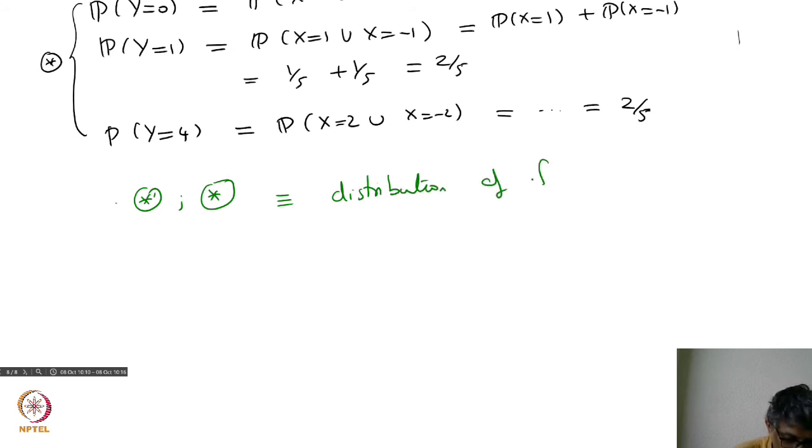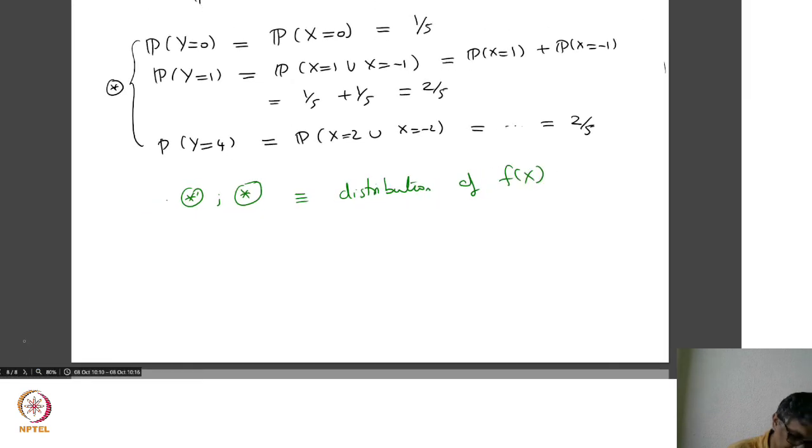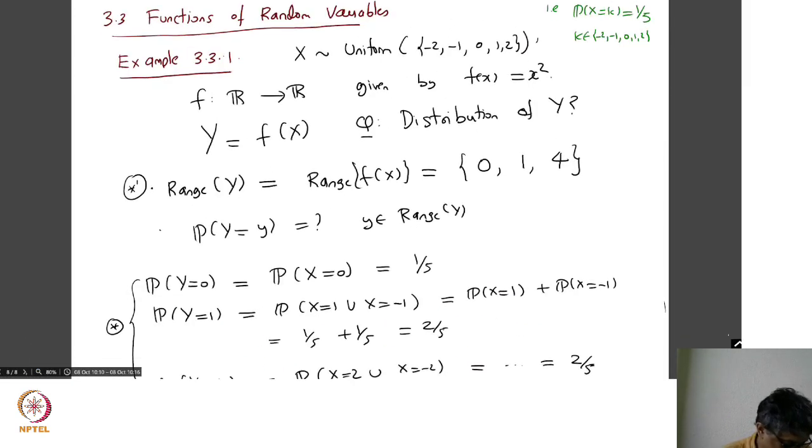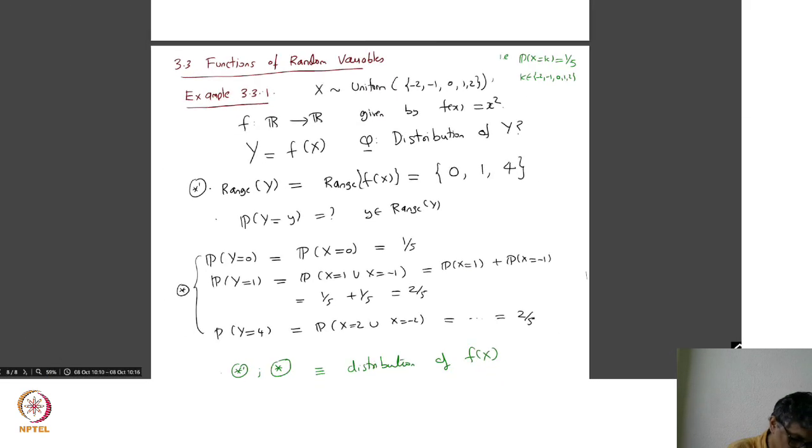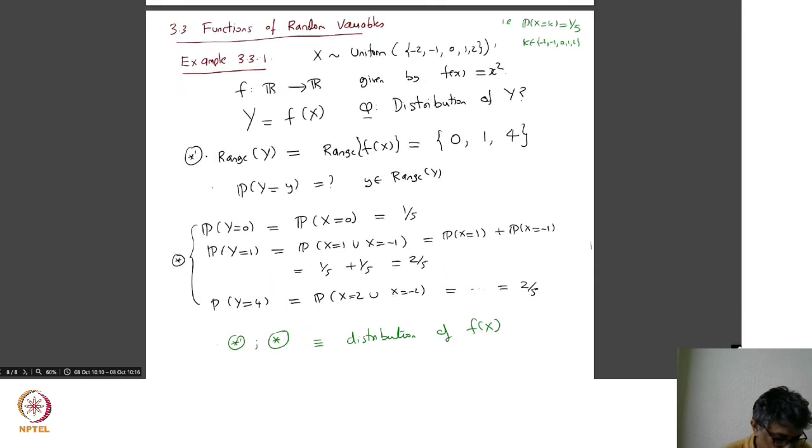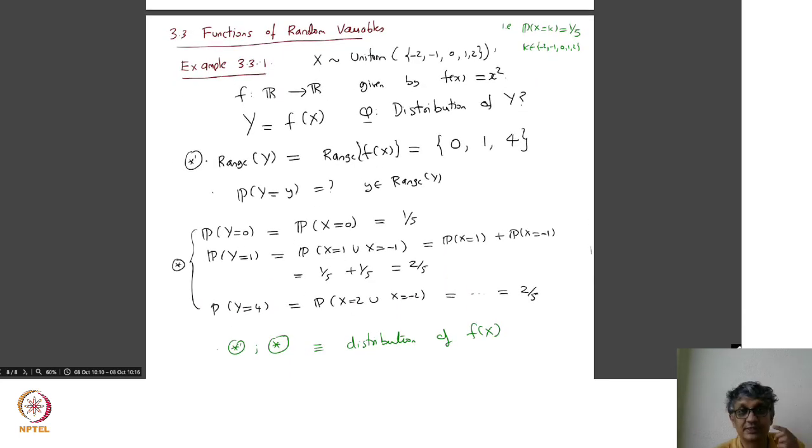I'll write y as f of x. So this is one procedure by which you can compute. Let me make this a little smaller so you can see the whole screen in one shot. Very nice. So in one shot you can see how to compute the distribution of f of x given the distribution of x.